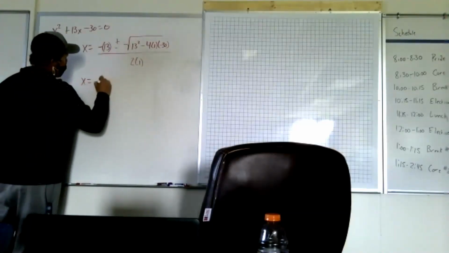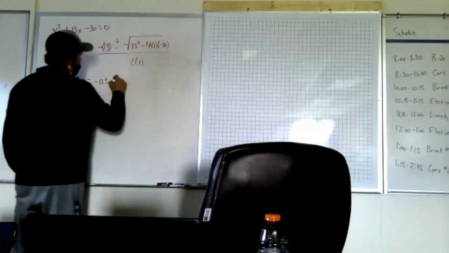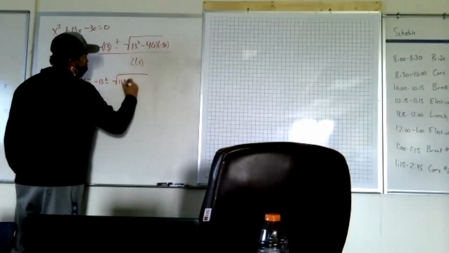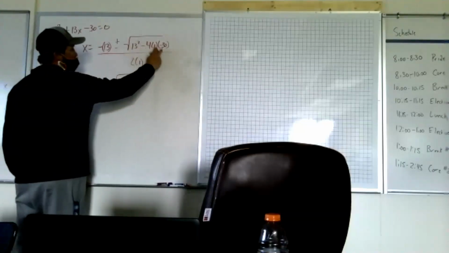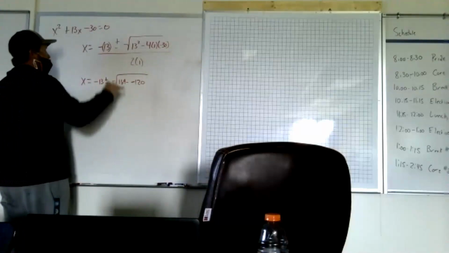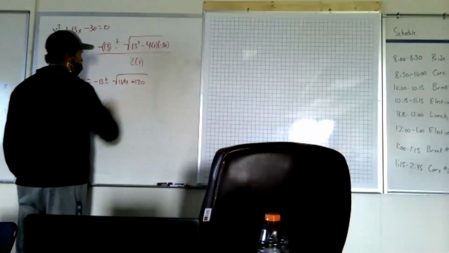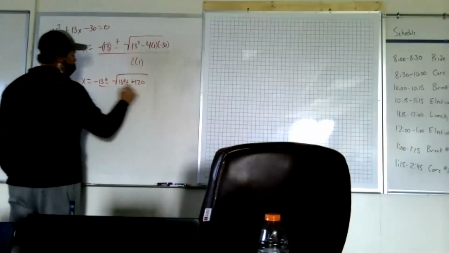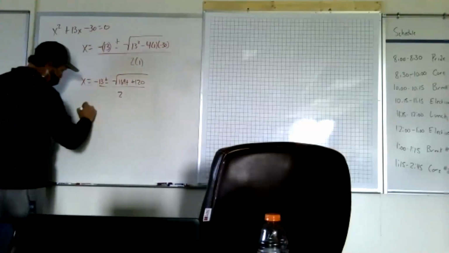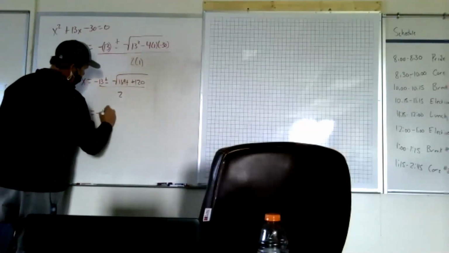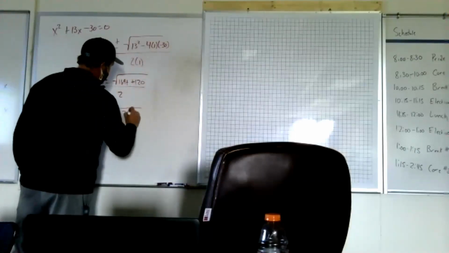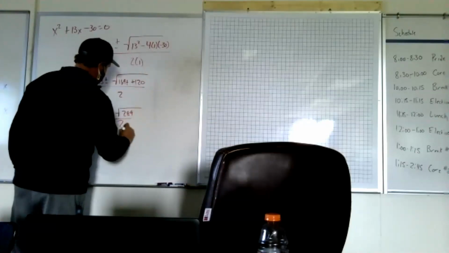So x is equal to negative 13 plus or minus the square root of 169, which is 13 squared, minus 4 times negative 30, minus a negative 120. That'll turn out to be a plus, all divided by 2. We take care of our subtraction underneath the radical. So x is equal to negative 13 plus or minus the square root of 289 over 2.